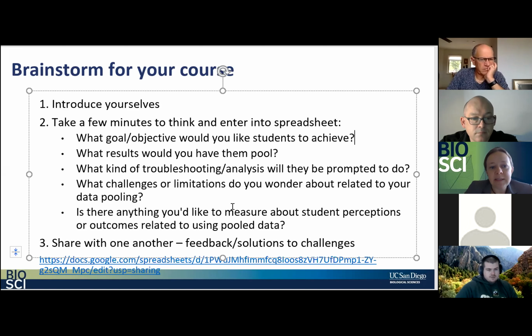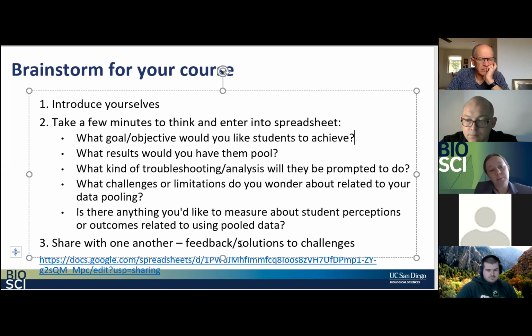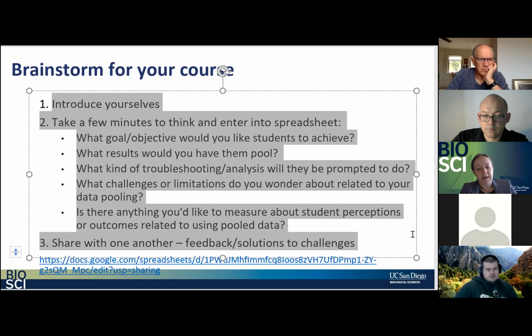And so after everyone's had a chance to think for a few minutes on their own, it would be great to go around in your breakout group and share with one another what ideas and thoughts you're having about all this. So I'm going to put these instructions in the chat. And the other thing I'm going to put there is a link.